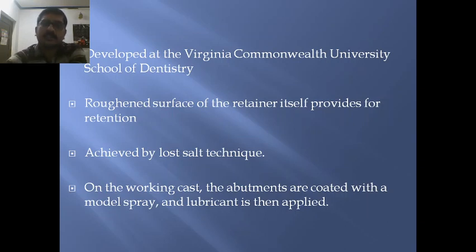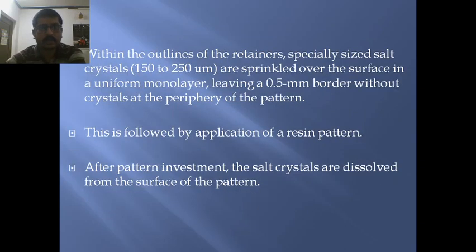The retention surface of the retainer provides the retention here also, and it is achieved by the lost salt technique. On the working cast, the abutments are coated with a model spray and lubricant is applied.